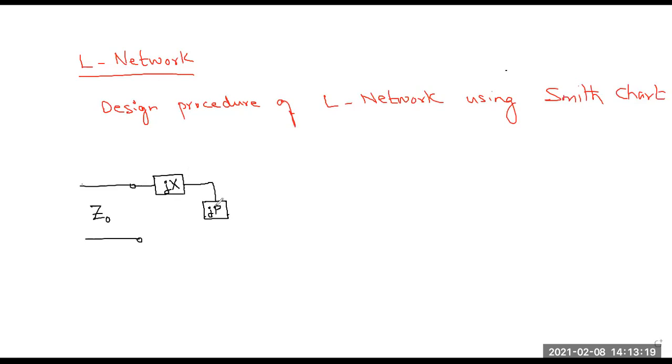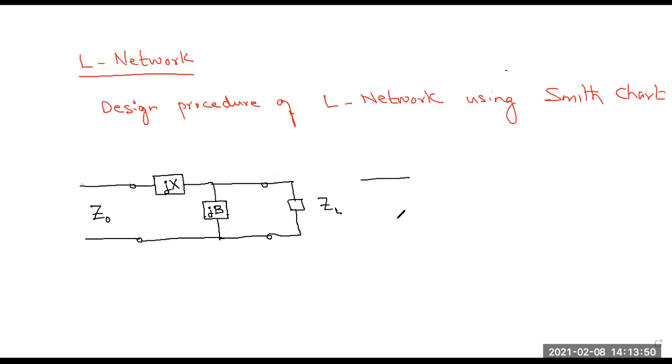We will represent it by its susceptance, represented by this symbol B. And then we will connect the load that we want to match, represented by impedance Z. This is one possible configuration of the L network.